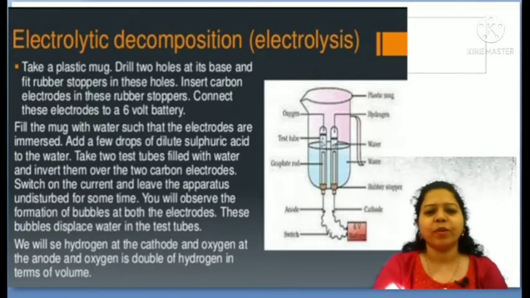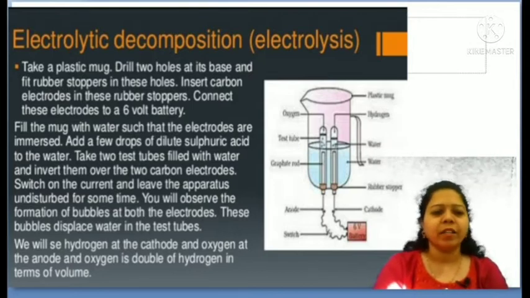Take 2 test tubes filled with water and invert them over the 2 carbon electrodes. Switch on the current and leave the apparatus undisturbed for some time. You will observe the formation of bubbles at both electrodes, and these bubbles displace water in the test tubes. We will see hydrogen at the cathode and oxygen at the anode, and hydrogen is double that of oxygen in terms of volume.